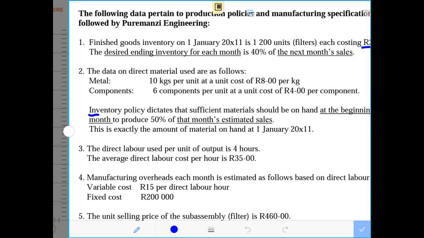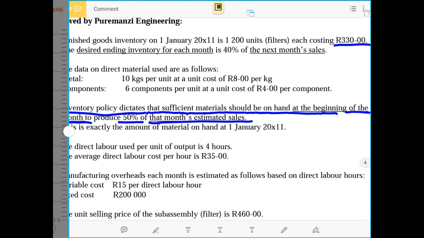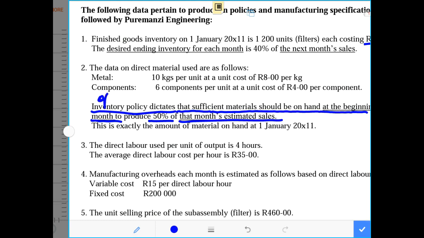Then it says inventory policy dictates that sufficient material should be on hand at the beginning of the month to produce 50% of that month's estimated sales. So that means the opening inventory is equal to 50% of the sales of that month.